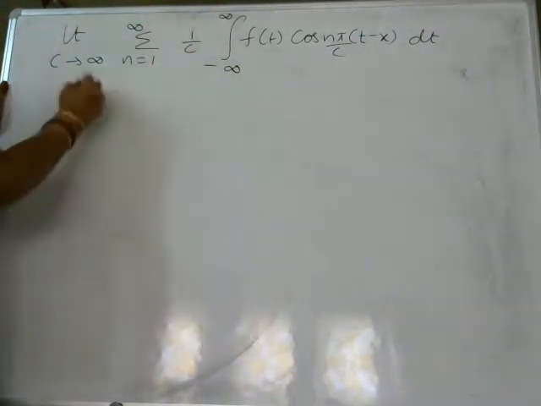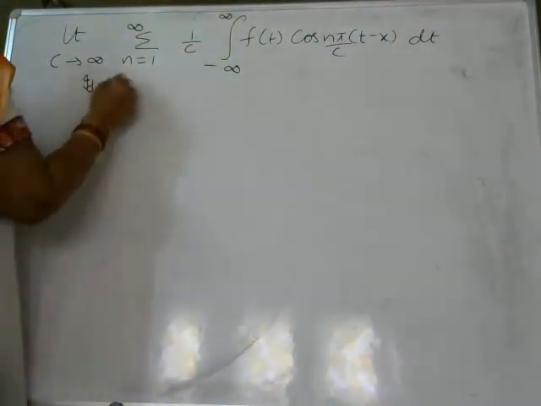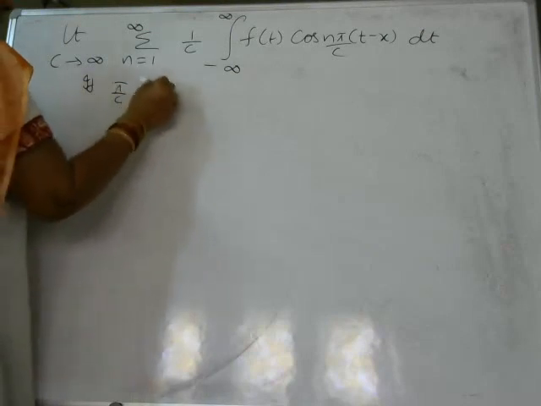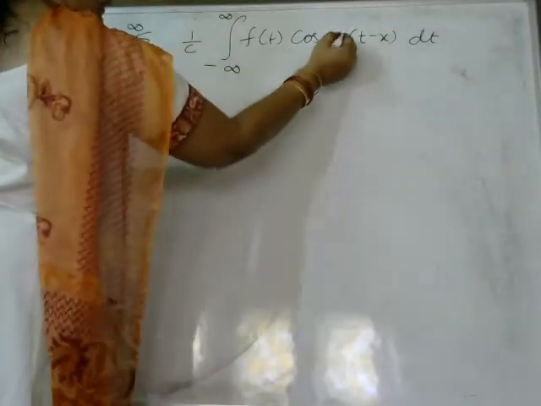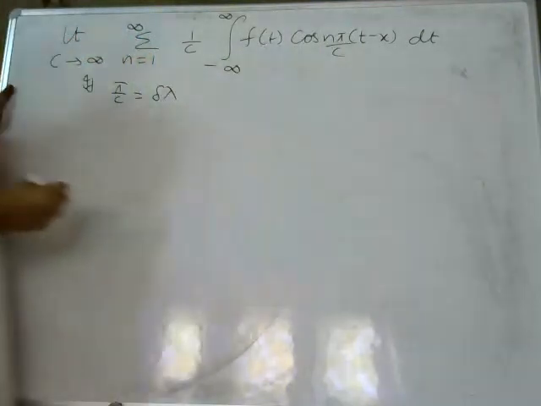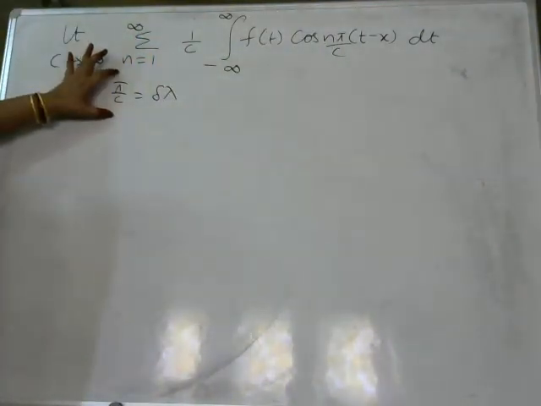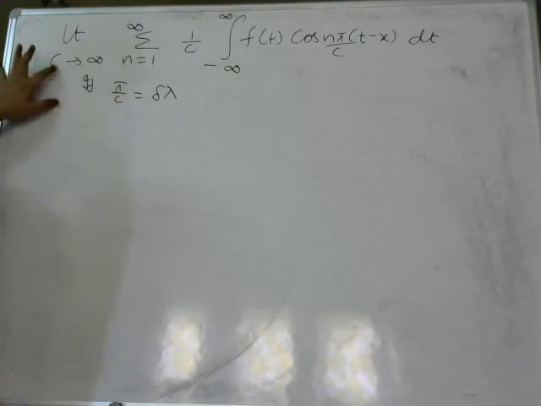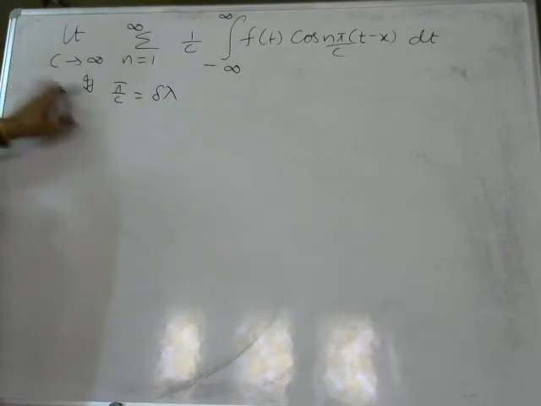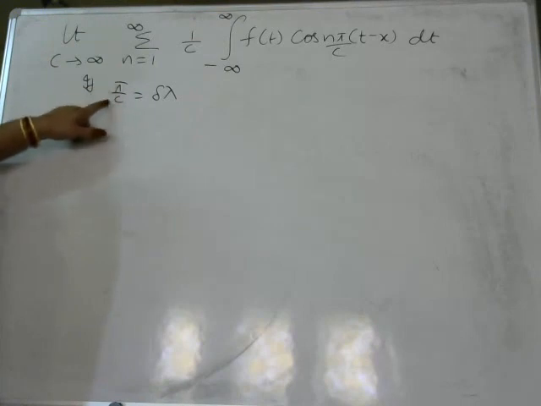Now what we do? Suppose we take pi by c equal to delta lambda. See what the limit becomes. If c tends to infinity, what will be the value of 1 by c? 1 by c tends to 0.